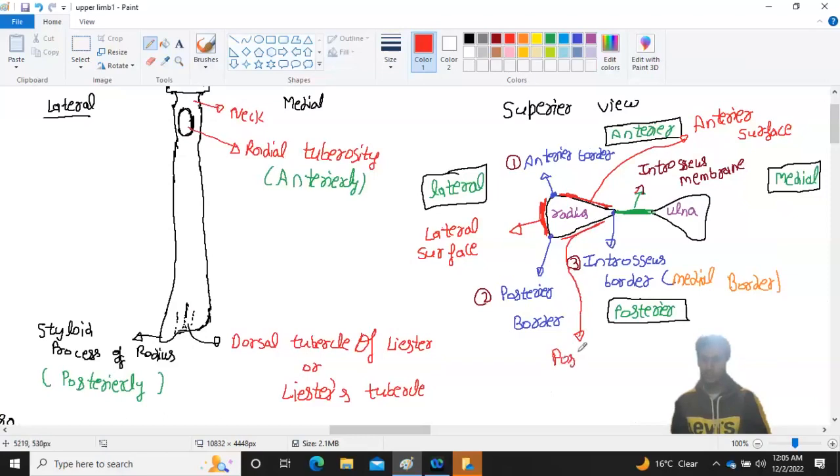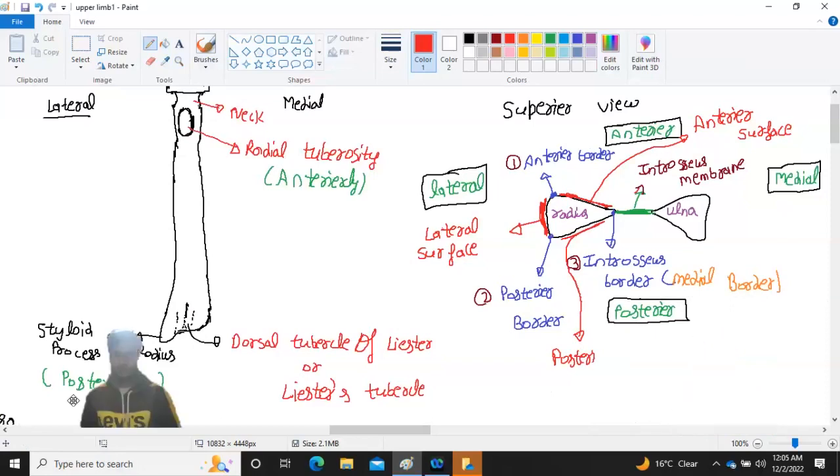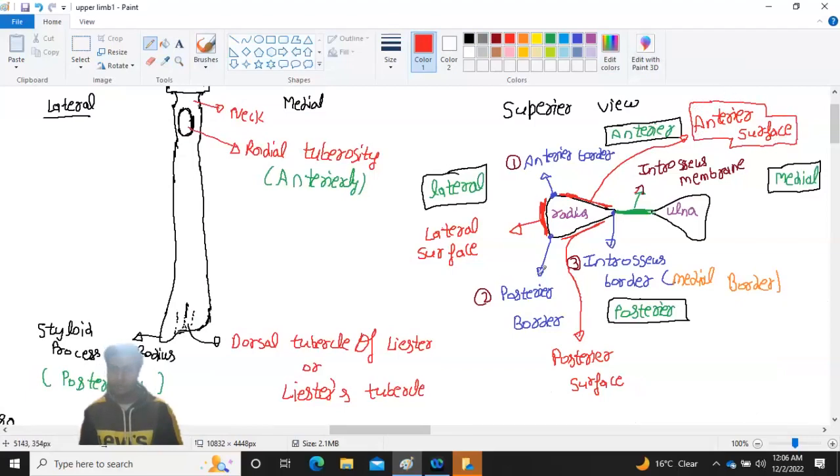Posterior border and posterior surface. Done. So these are the radius borders and surfaces. 3 are borders and 3 are surfaces. Red marking कर देते हैं. These are 3 surfaces. And these 3 are borders.